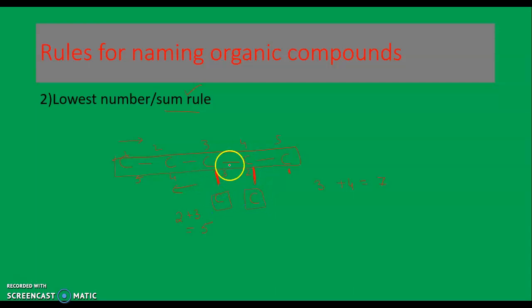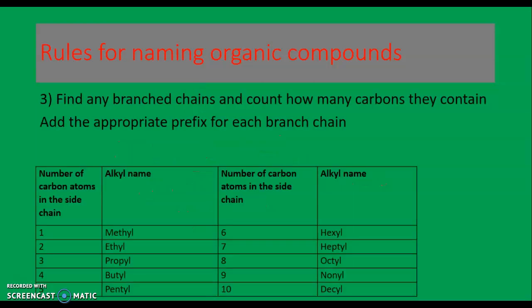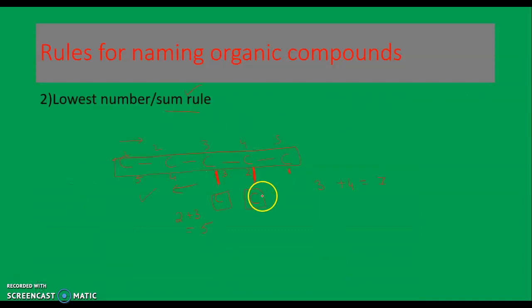So always try out numbering from both ends. In this compound, you will go for the numbering from this side onwards so that the substituents get numbers 2 and 3, because you've got only one carbon attached.